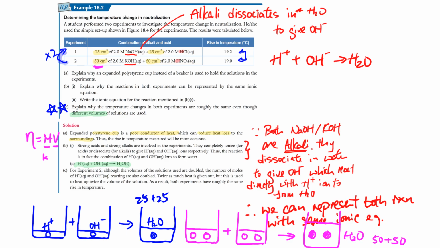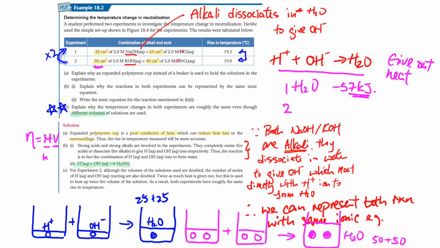So the concept is like this. Neutralization gives out heat. When you form 1 H2O, it gives out a certain amount of energy. Later on, you'll learn about this. But if you form 2 water molecules, then the energy given out will be double.